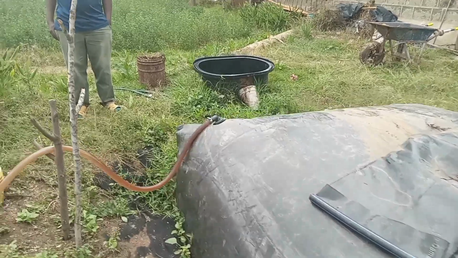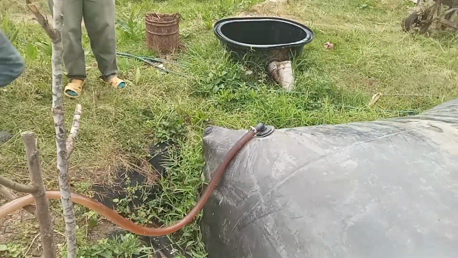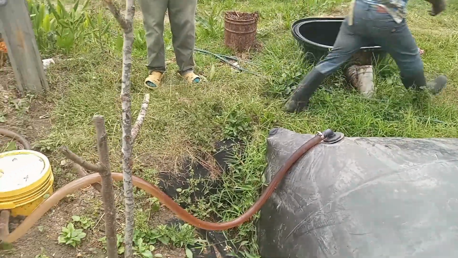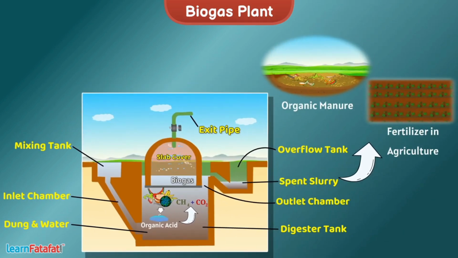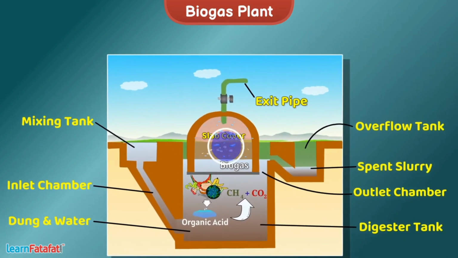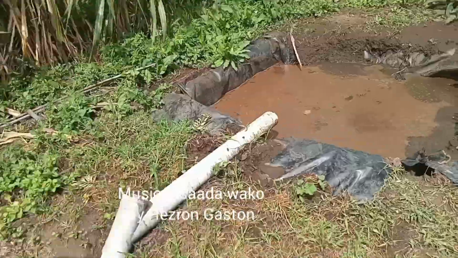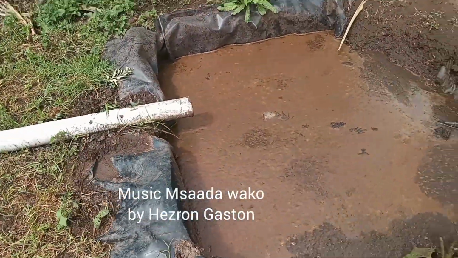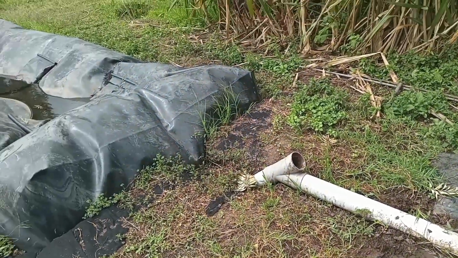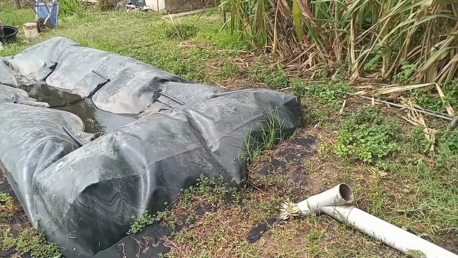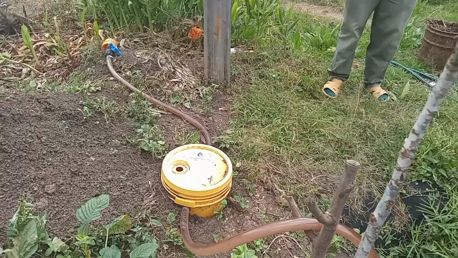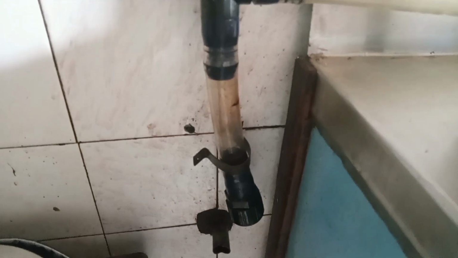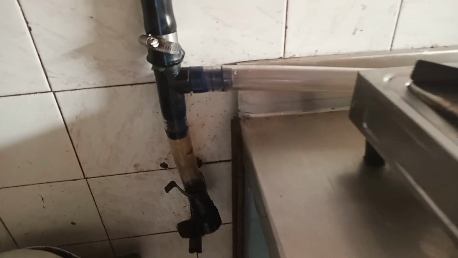The gas is collected from the exit pipe and the spent slurry is taken to the overflow tank, and this slurry is used as manure for agricultural activities. The gas is then used for cooking or for production of electricity.